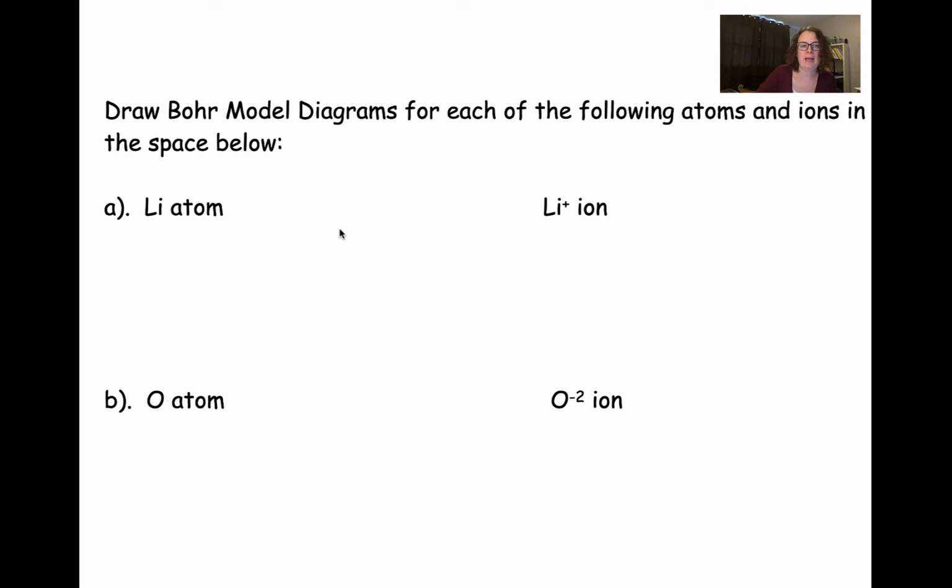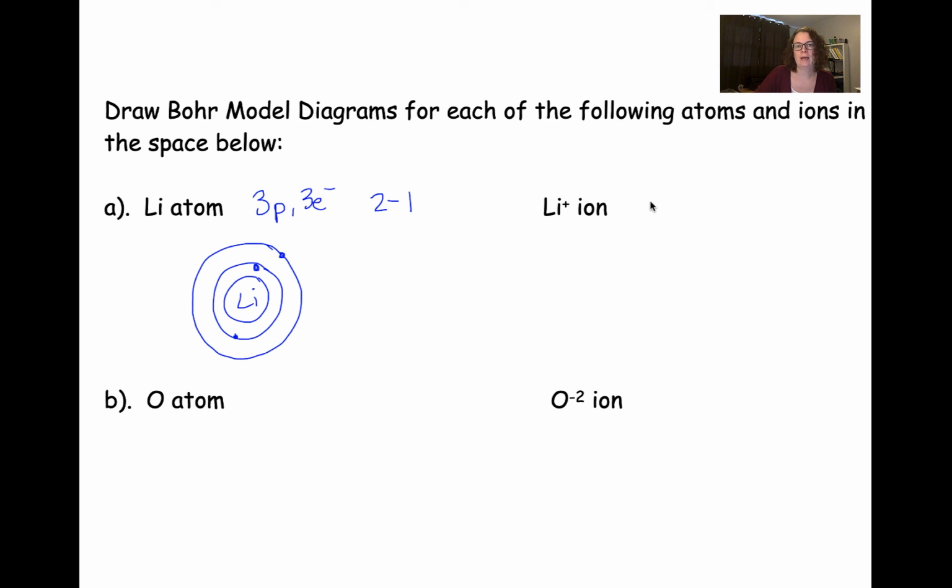For the lithium atom, we look at our periodic table and see that it has 3 protons, which means it has 3 electrons. It's going to have an electron configuration of 2-1. If I draw this, I'll have 2 electrons in level 1 and then 1 electron in level 2.